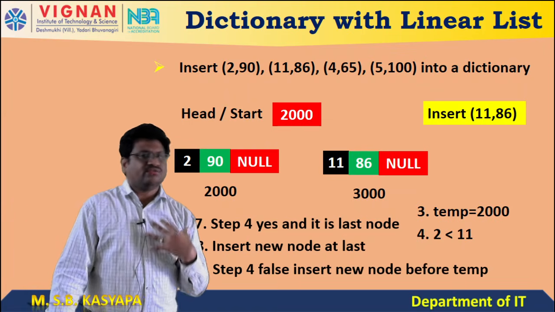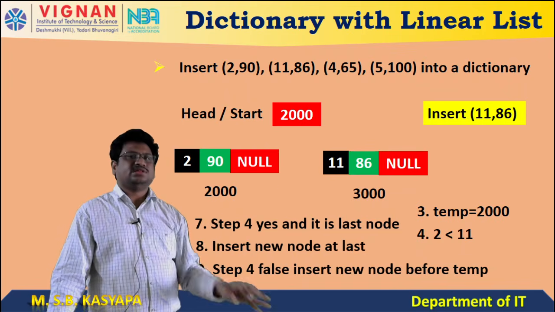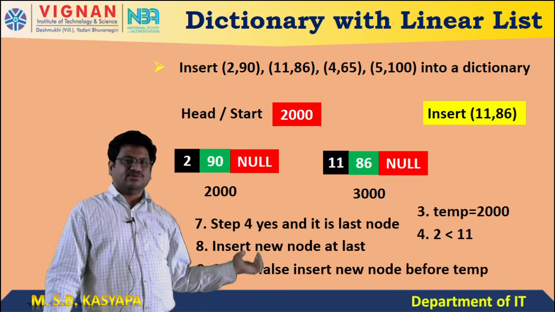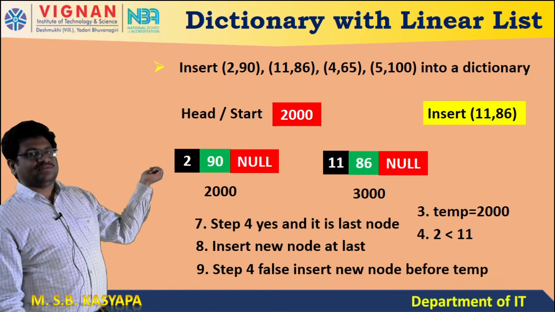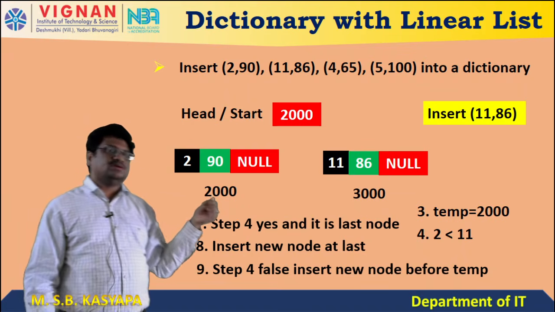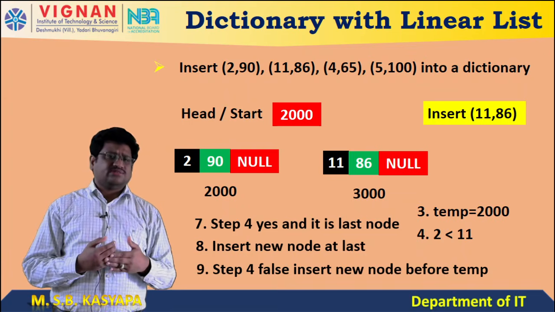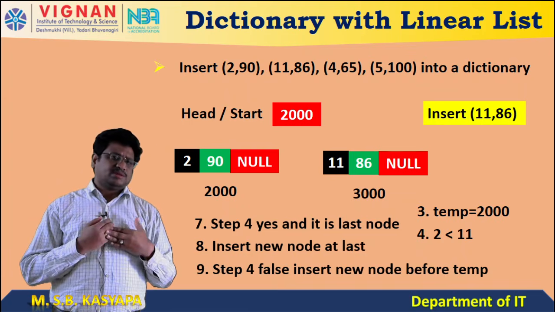If I find a key greater than the insertion key, then I will insert before it. So like I said, if I want to insert 1, I will insert before 2. Okay. So once again, if I want to insert a value, I need to represent it with the key.